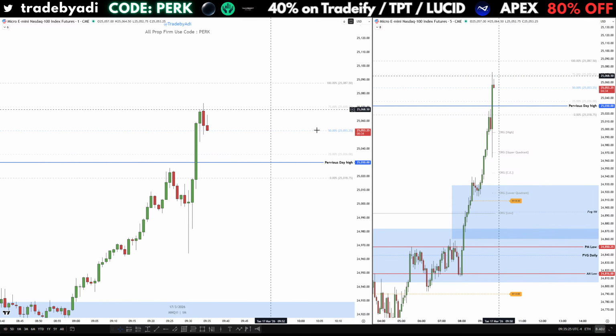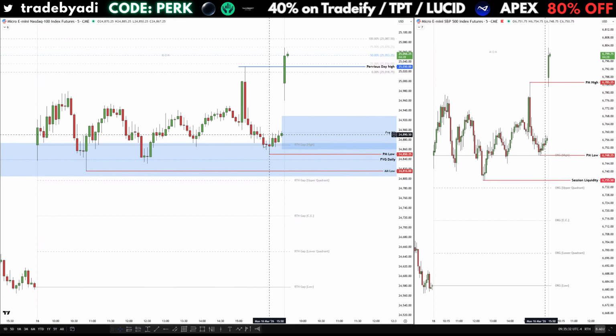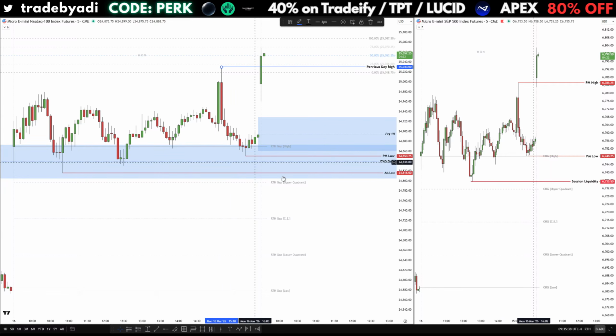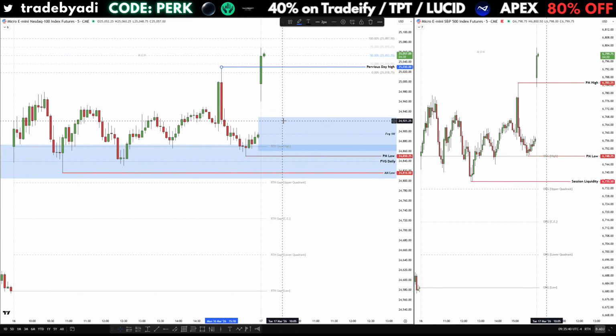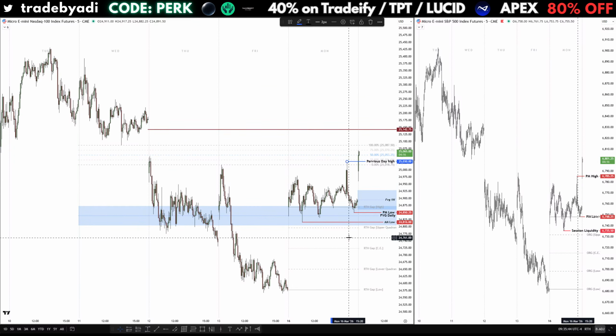I'm looking for a bearish because I'm above the 8:30 and the midnight also, and also above yesterday's PM session high. So if I see some kind of momentum for the bearish, I will look for the bearish trade.